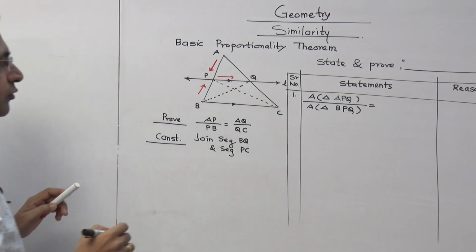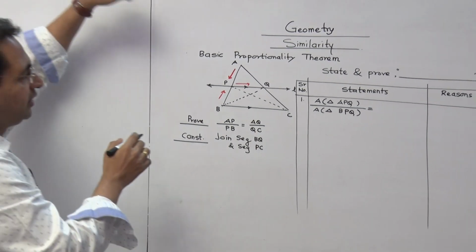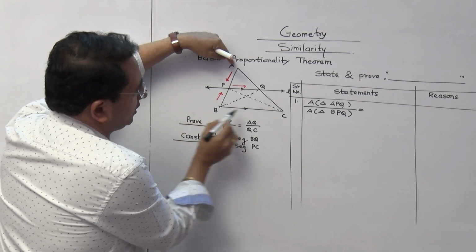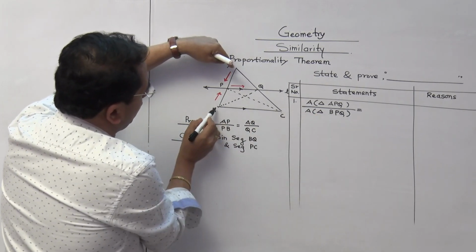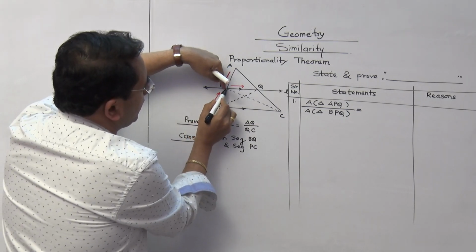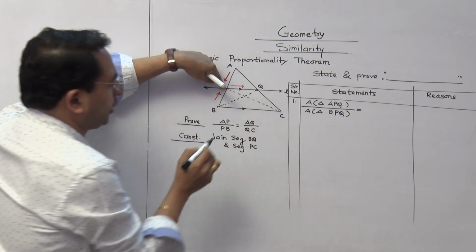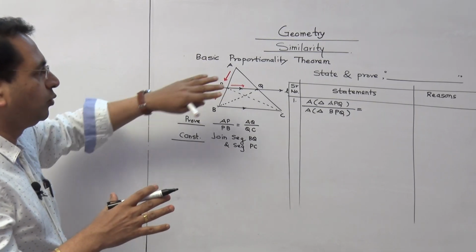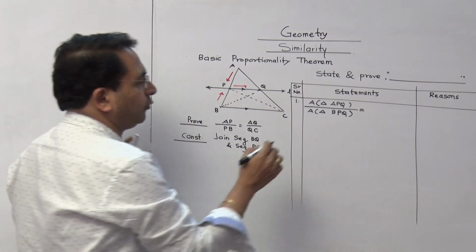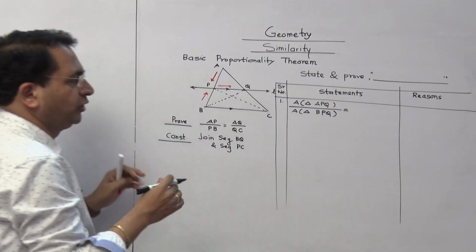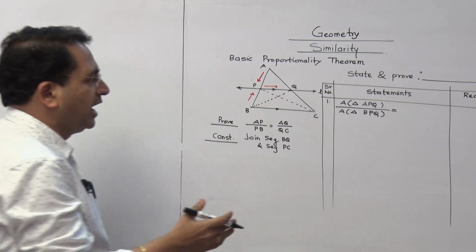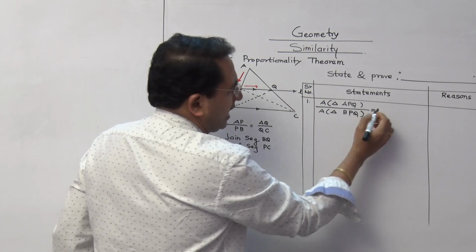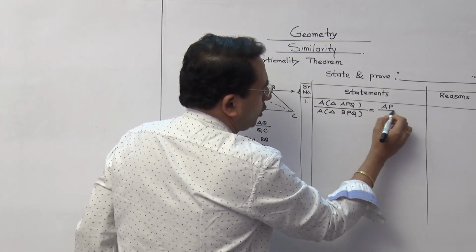Just remember one thing: for these particular triangles, the first two letters, that is AP and BP, are on the same line, and then finally you are approaching the same point. This kind of triangles are said to have equal heights. Therefore, their areas are proportional to their corresponding bases, and you just neglect the last letter and write AP upon BP.